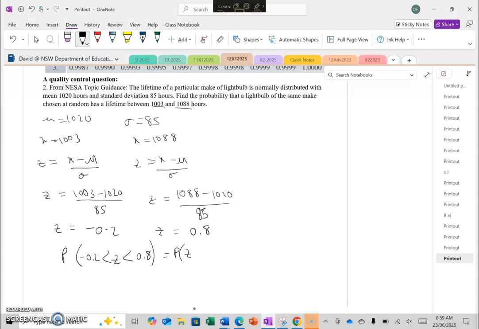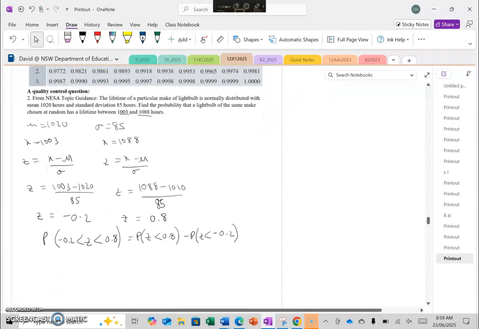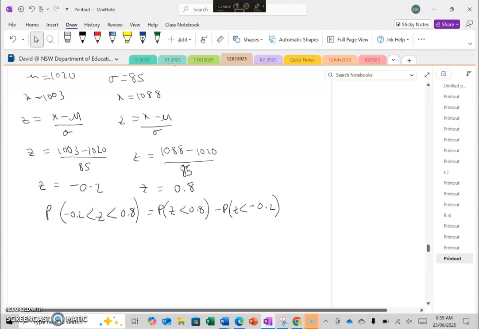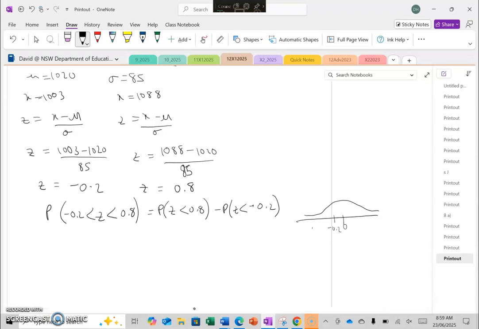That's going to be the probability of Z score being less than 0.8 minus the probability of Z score being less than negative 0.2. Because the table only gives us positive Z scores, we're going to need to use some symmetry to work out the negative one. So if you've got the 0, there's negative 0.2. Convince yourself that that area there is the same as the area above 0.2.